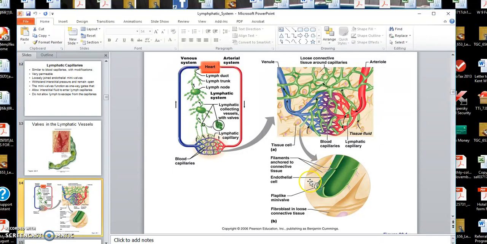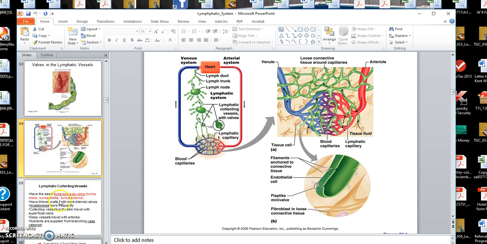So when fluid builds up in the connective tissue, it would pull on this. Then these would slide open, and then material would go up into the lymphatic capillary. When the pressure inside here gets high, it'll push out and push the overlap closed. So material can come in, but it essentially cannot go out. Okay.